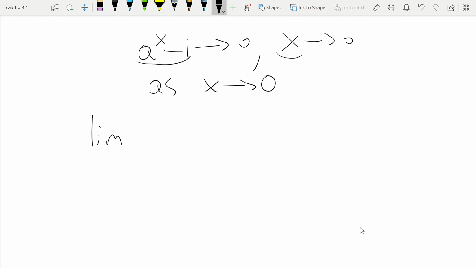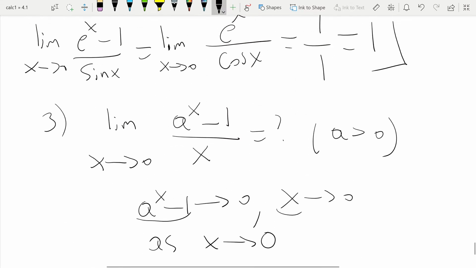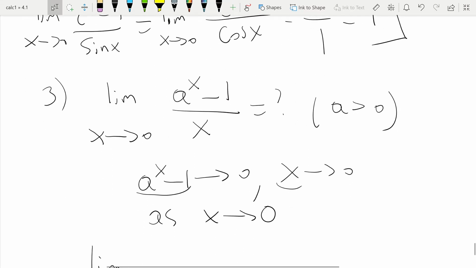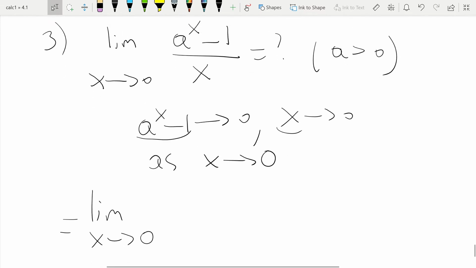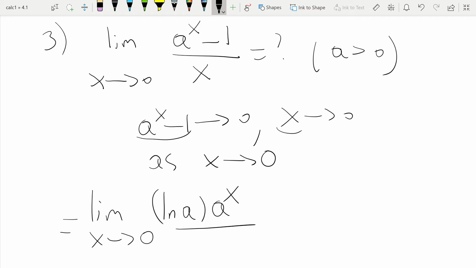And that means that this limit is going to be equal to the limit of the derivative. And we saw earlier in class what the derivative of a to the x is for a positive constant. That happened to be the natural log of a times a to the x, all that now divided by the derivative of x, which is 1.